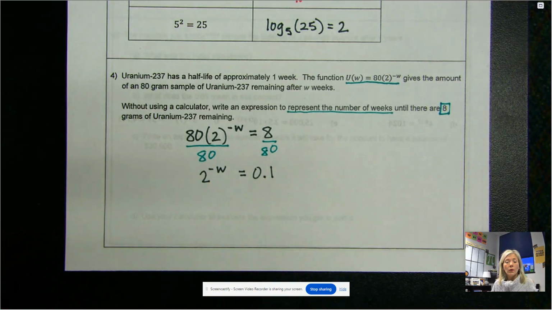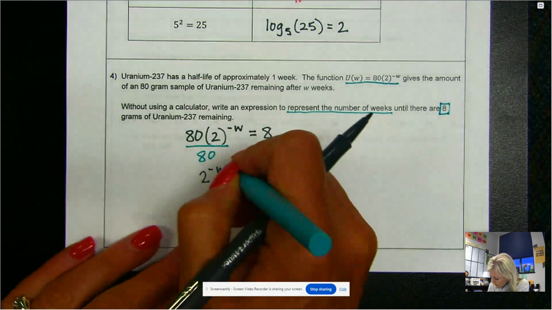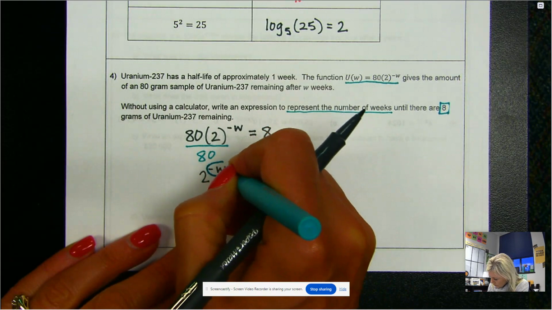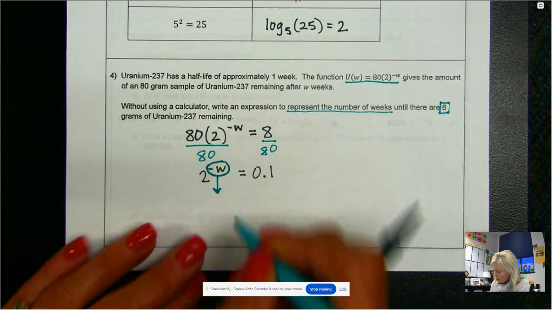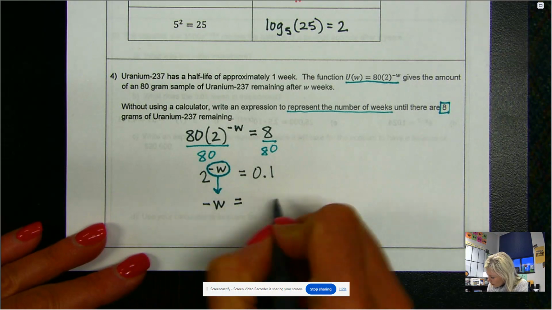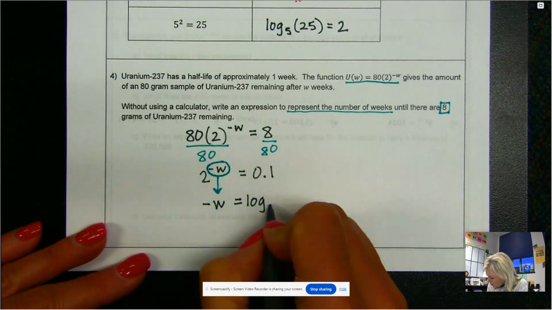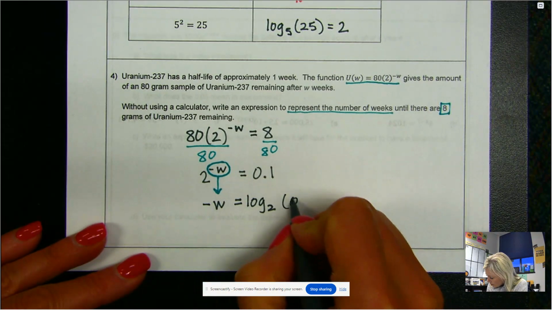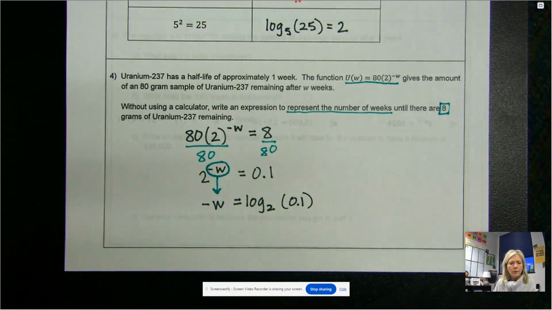So now we need to just switch to log form. So our exponent, the negative w, the whole thing comes down. And it's equal to the log base 2 of 0.1.